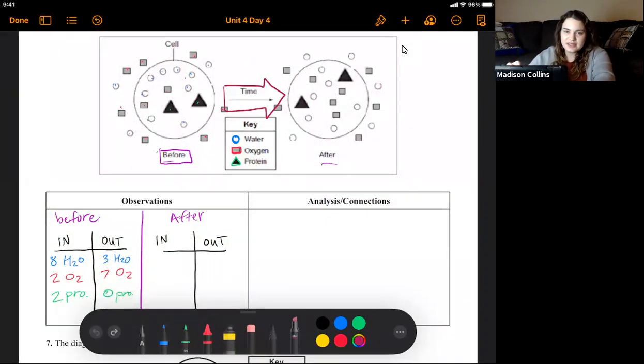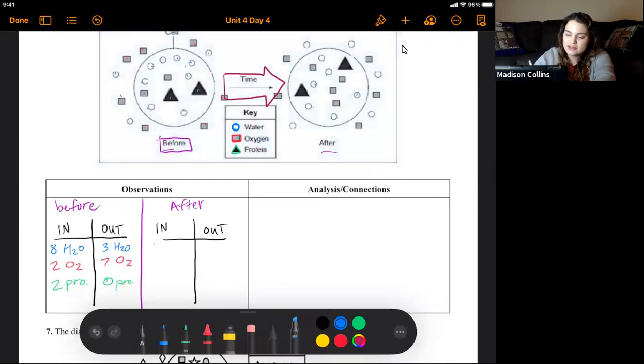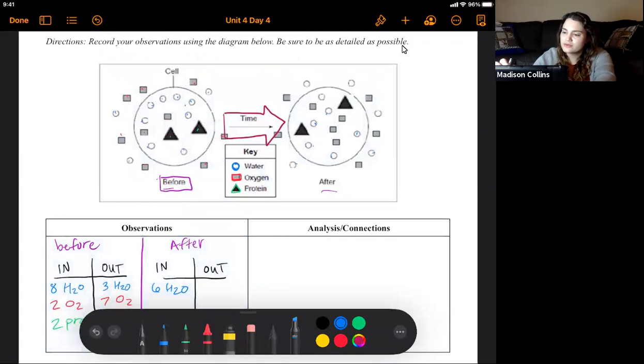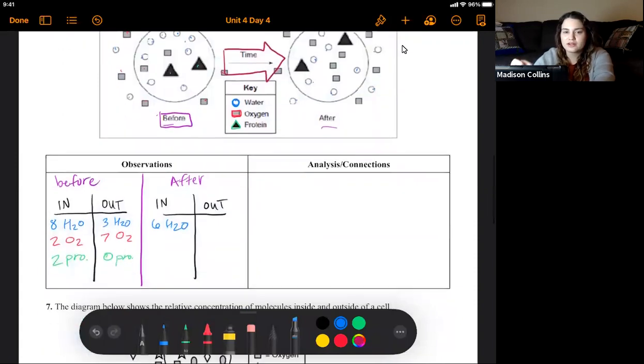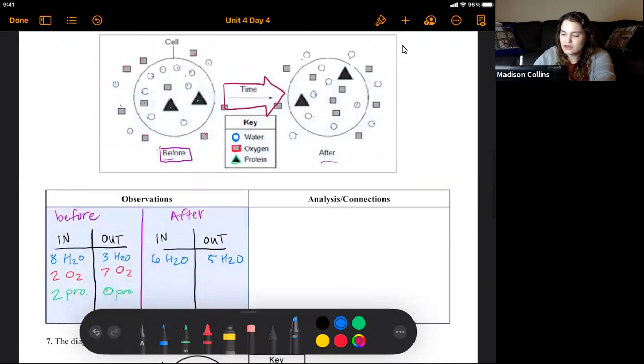All right, so inside our cell, let's switch back to blue for our water molecules. We have 1, 2, 3, 4, 5, 6 molecules of water inside the cell. And 1, 2, 3, 4, 5 molecules of water outside the cell. All right.